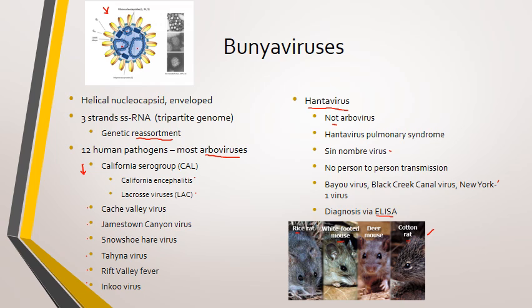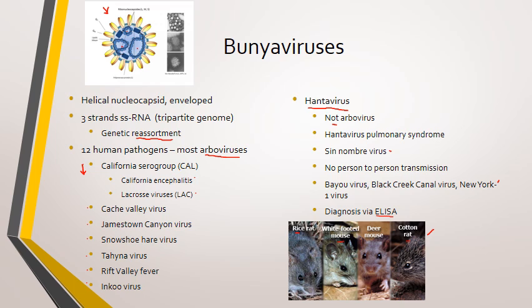So that's pretty good. Now there are other hantaviruses that have been found. They're named basically according to the various rodents that carry them, or the areas in which they're found. Other names for these hantaviruses are the Bayou virus, the Black Creek Canal virus, and the New York 1 virus. Okay, and these are carried by these different rats. So the rice rat is found in Louisiana.